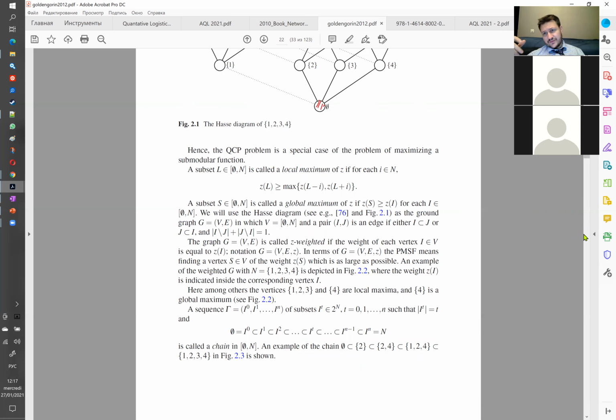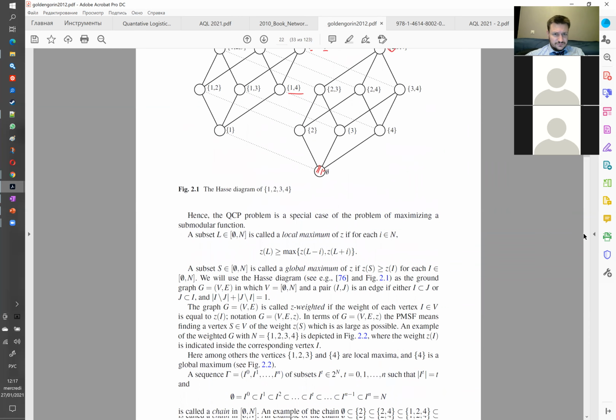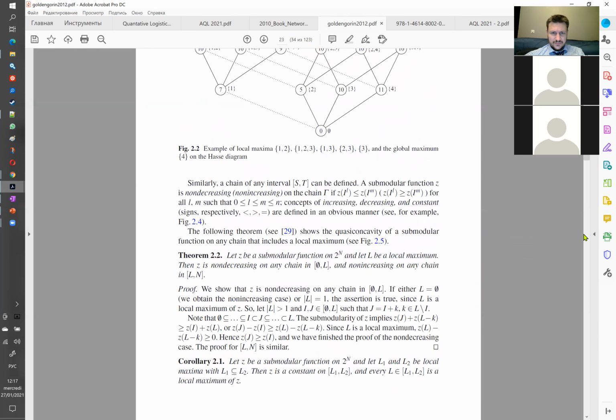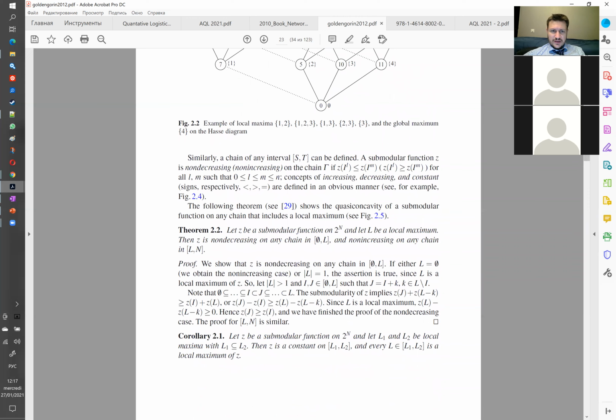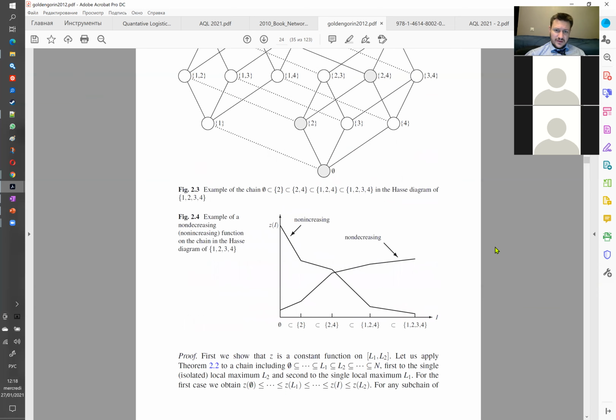We have discussed it already during our lecture, and there is also the formal definition of this. Hasse diagrams, chain, non-increasing, and then we have theorems here. I think that maybe today we don't have enough time to discuss all these theorems in detail.